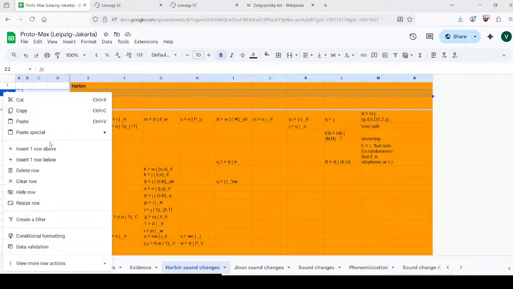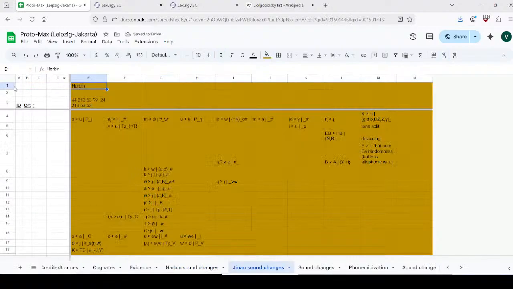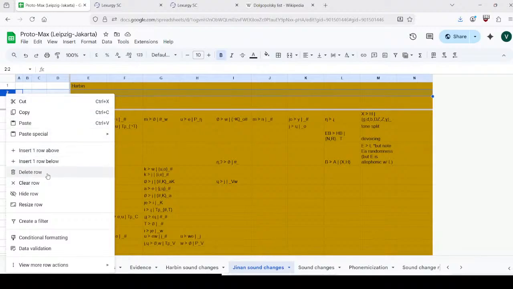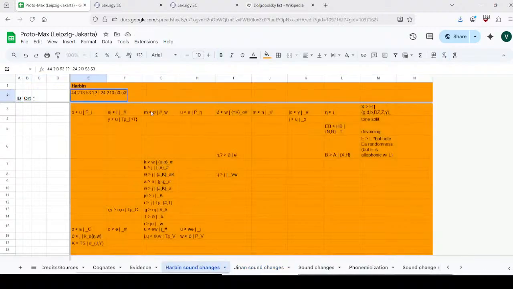I don't know why I even have a second row. Is it because it's for the Chinese name? It probably is. But since we have more space now, we can just straight up do Harbin here, or not Harbin, but Jinan. Just space this out a bit so that this is correct. And then I guess I don't even need this. I'm just leaving these in here so the workspace is more centered.